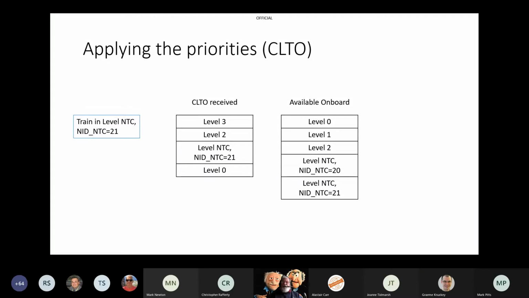And so they select at start of mission NID NTC 21 on the DMI, and the train is now operating in that level. Because that level is in the priority table and it's obviously available on board, the train remains in NID NTC 21. It will not change levels.